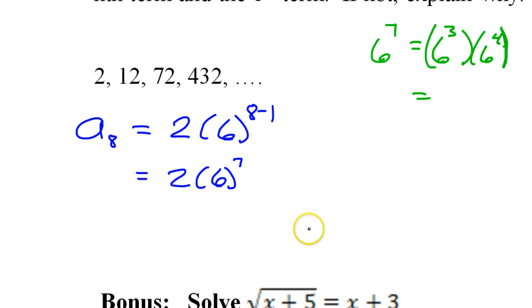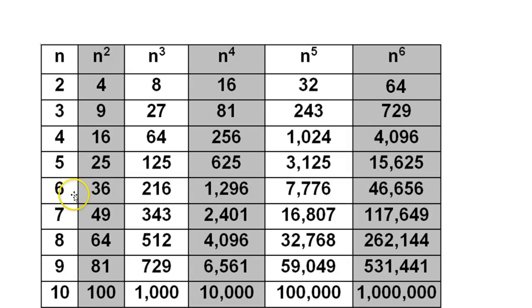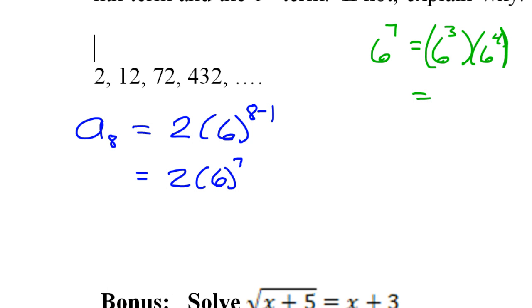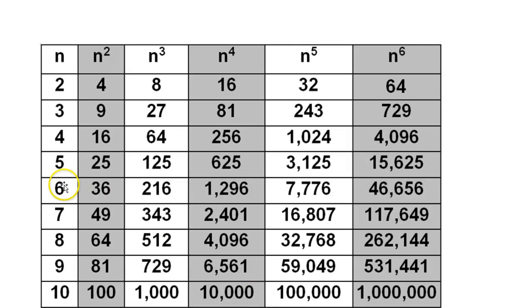So 6 to the 3rd power is 216. And 6 to the 4th power is 1,296.